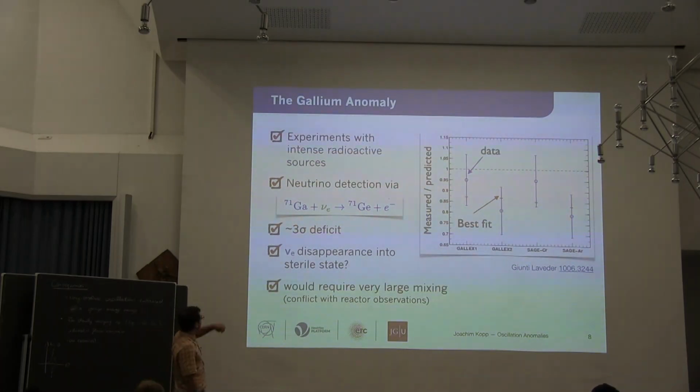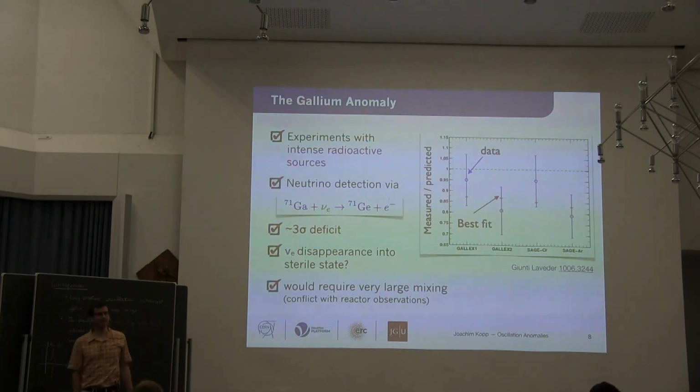In particular, a useful element for that purpose is gallium-71. Gallium has the advantage that it's liquid at room temperature and that it has a sizable neutrino capture cross-section. Namely, gallium-71 plus an electron neutrino goes to germanium-71 plus an electron.